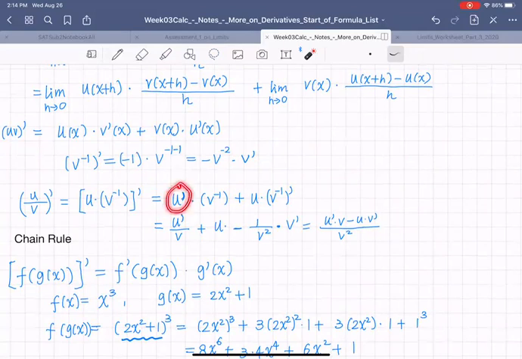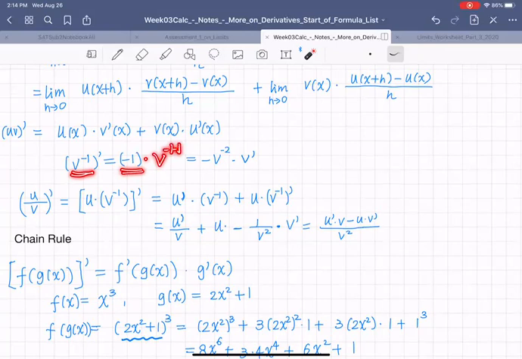We go u prime times this guy plus u times the derivative of v to the power negative 1. But when we want to do the v to the power negative 1 derivative, we have to be very careful because the outer layer is to the power negative 1. Then you have -1 times v to the power -1 minus 1.